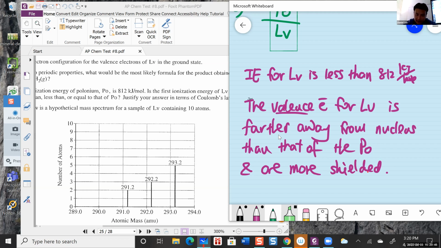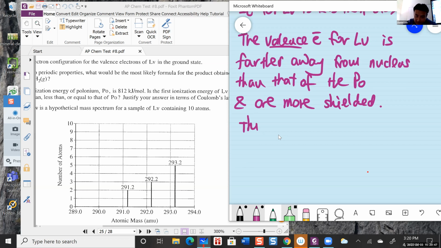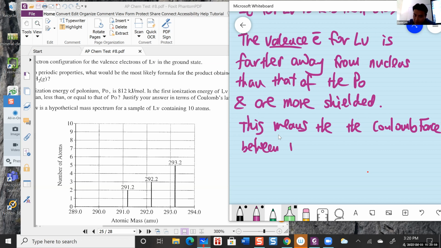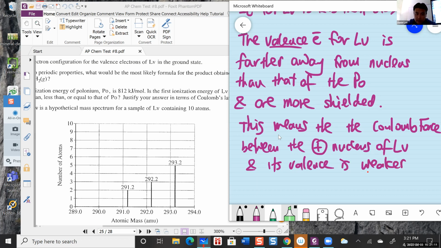This means that the Coulomb's force, the force of attraction between the positive nucleus of LV and its valence electron, is weaker than that of PO.